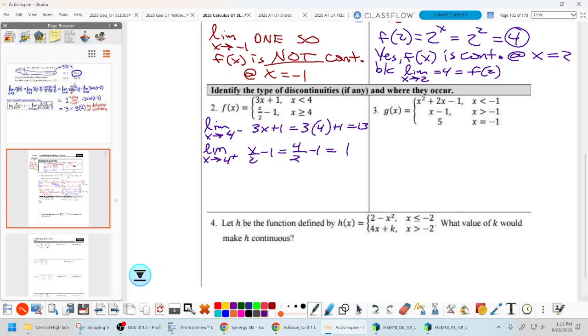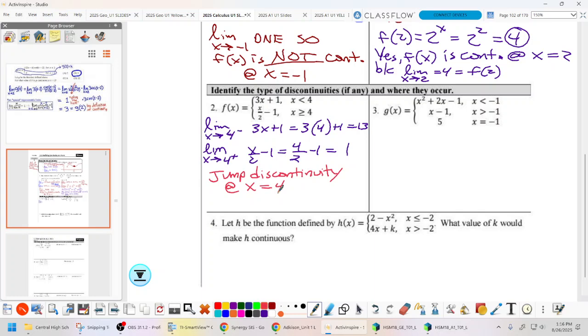We're coming into the left of 4 at 13, and we're leaving or coming into the right of 4 at 1. So what do we call that? Jump. That's a jump, right? Now, if you noticed on your work yesterday, you only had asymptotes or holes. You didn't have these. So now you kind of know how to look for them.